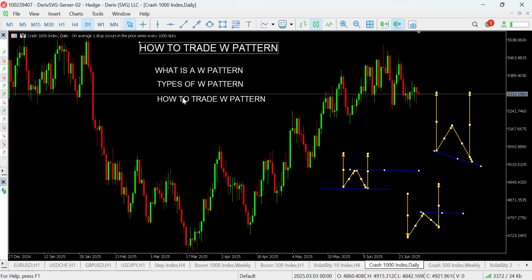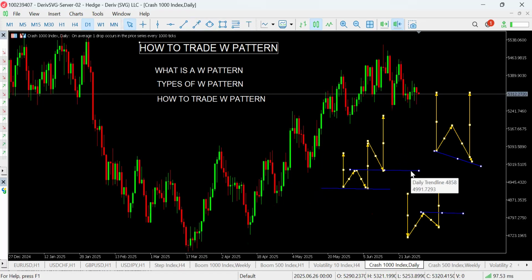So that leads us to how to trade this W pattern. Just like we explained for the M pattern, to trade the W pattern, all we need to do is wait for price to break the neckline, and then wait for a retest of this neckline. Then we look out for a change in trend, and then we take our trades in the upwards direction.